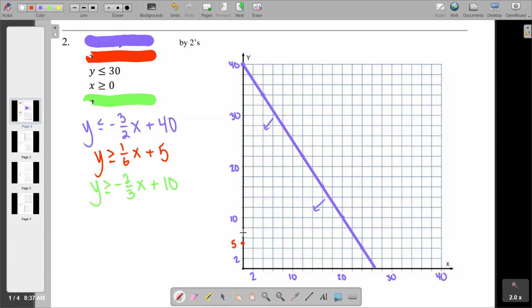You see kind of where my pen's at there? I'm still in between, and I'm going to go right 1, 2, 3, 4, 5, 6. And the shading on that one's going to go above. So we can already see our region starting to take form.